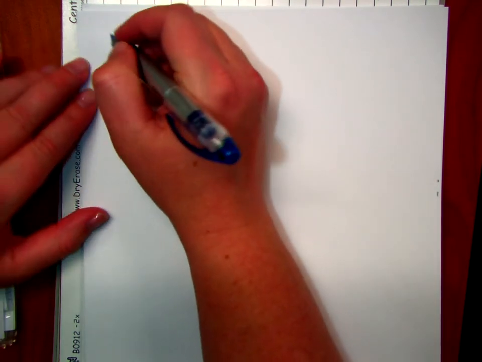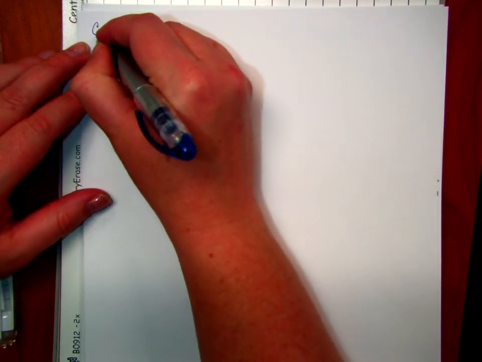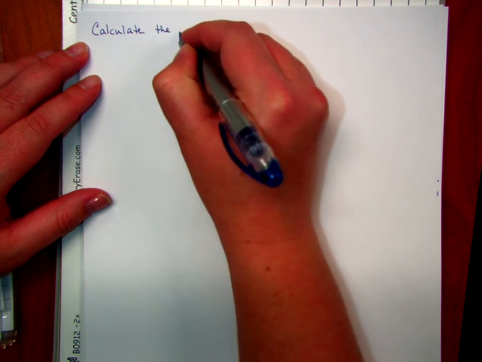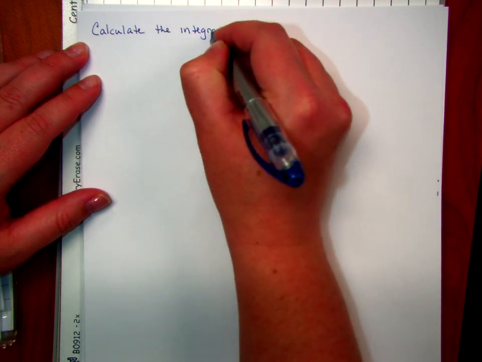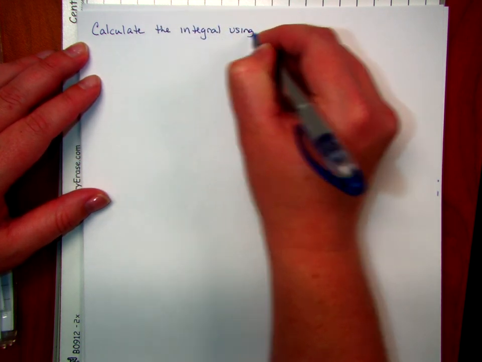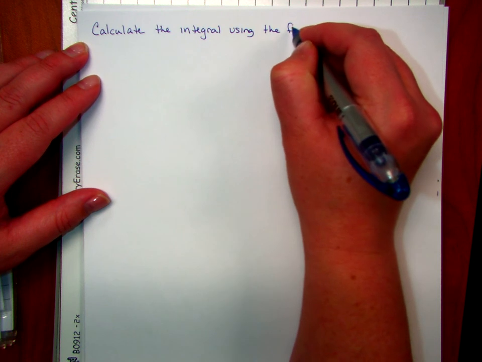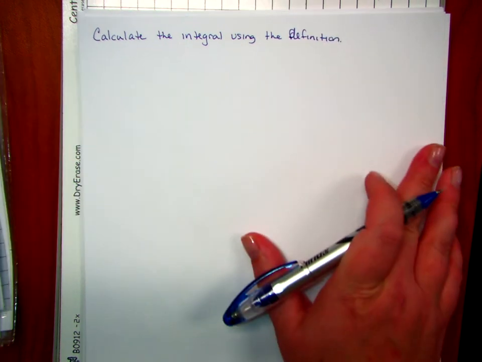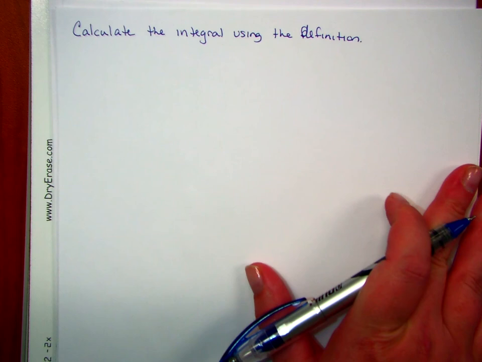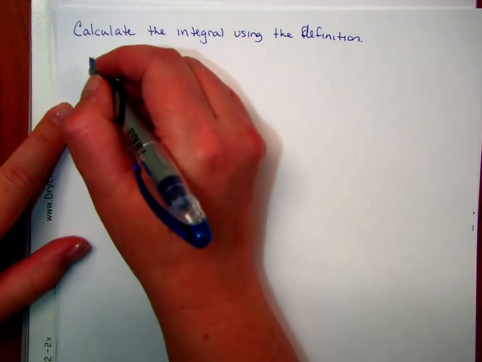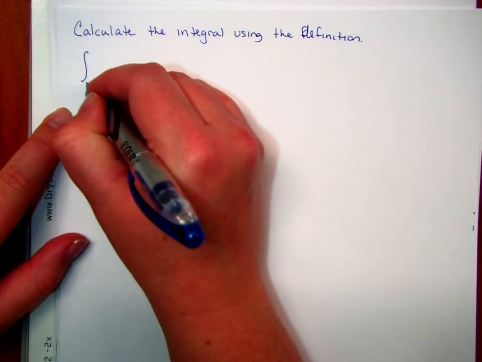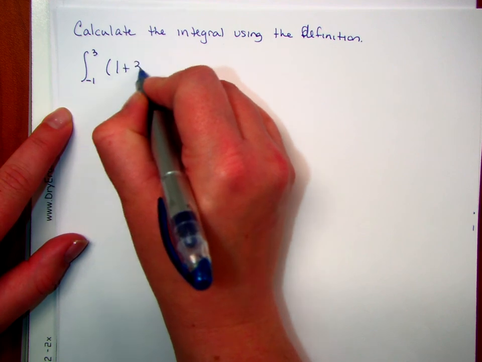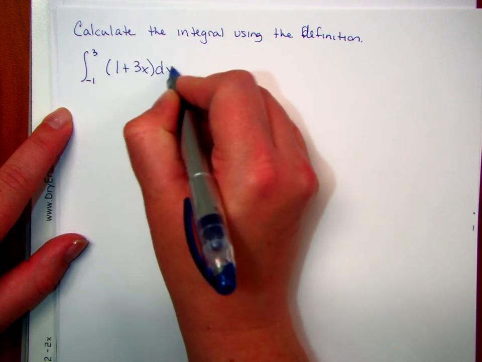Okay. So calculate the integral using the definition. So let's do the integral from -1 to 3 of 1 plus 3x dx.